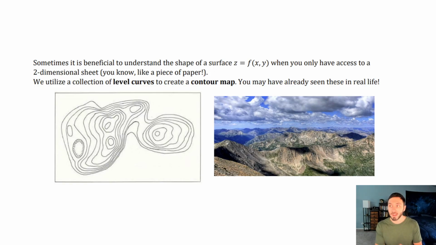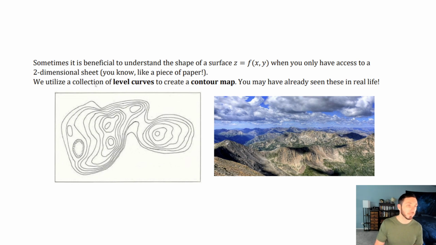Well, anyway, we have graphing devices today, but there's still some utility in looking at, say, a two-dimensional model of something that could be three-dimensional. So, for example, if you are hiking, you may want to know where the steeper slopes are and where the more chill, steadier slopes could be.